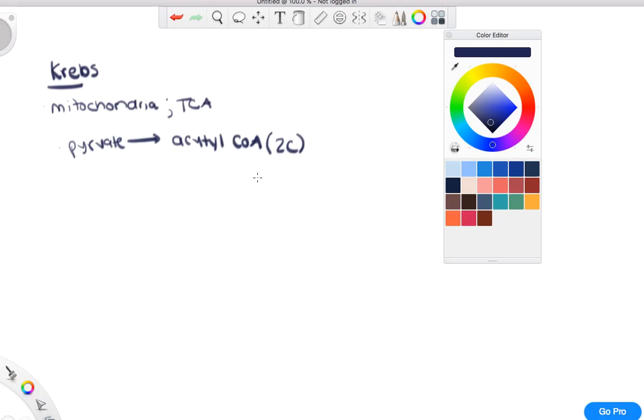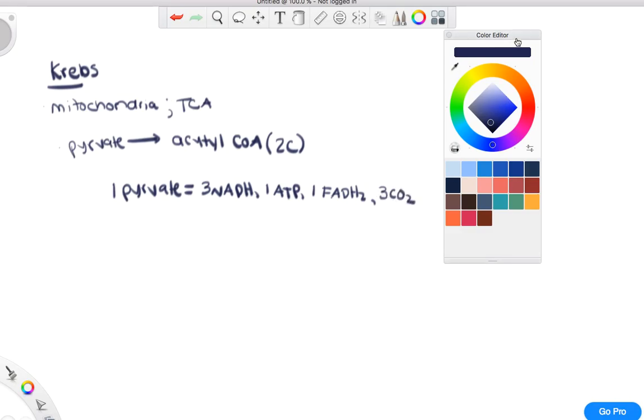So you are going to produce, for every 1 pyruvate, you will get 3 NADH, 1 ATP, 1 FADH2, and you will also produce 3 CO2.